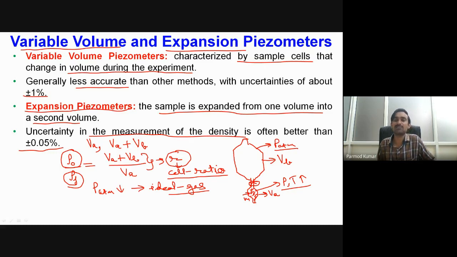Because we want to ensure that after the expansion, the pressure inside the entire chamber is identical or close to atmospheric pressure, so that we can apply our idealized theories for estimation of the density from our basic understanding of thermodynamics. Okay, so these are particularly popular for measuring the densities of high pressure gases.